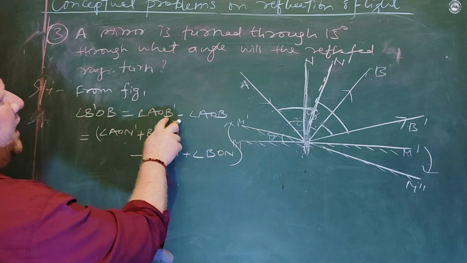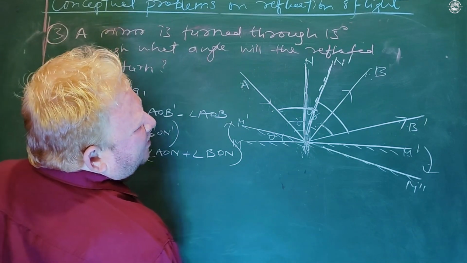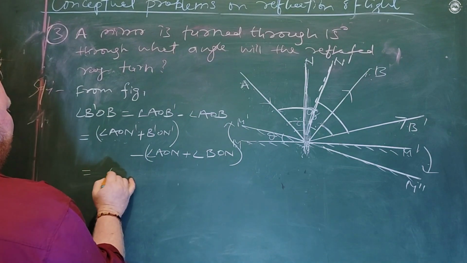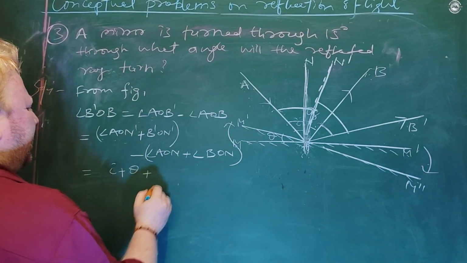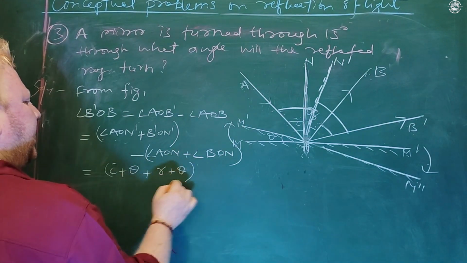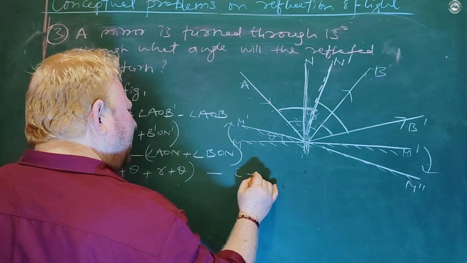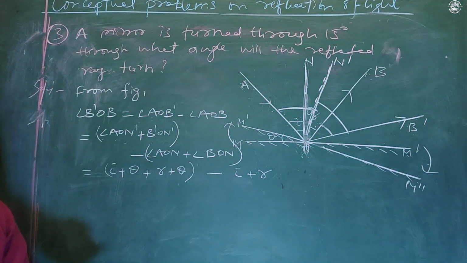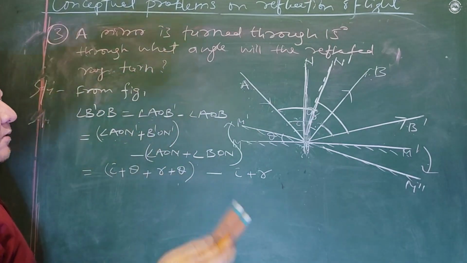For AOB dash, I can write AON dash plus B dash ON dash. So that will be I plus theta plus R plus theta. For this I can write minus, for AON I will write I plus R. For BON I am taking R. Now see, as per the laws of reflection of light, the angle of incidence is equal to the angle of reflection.